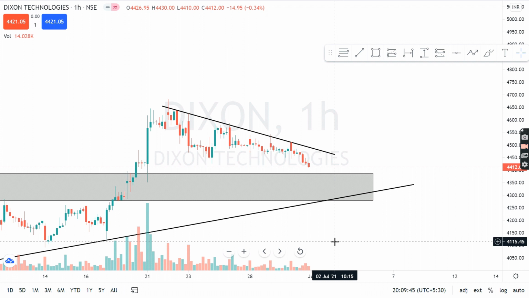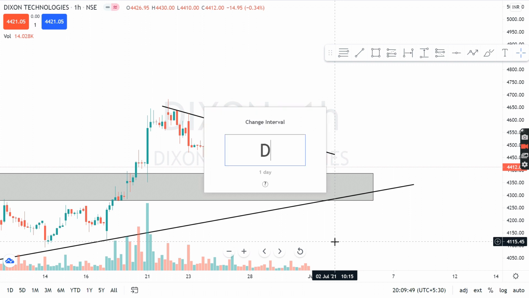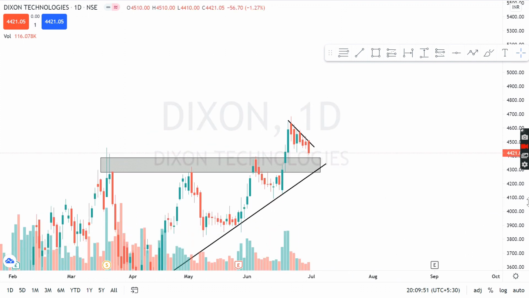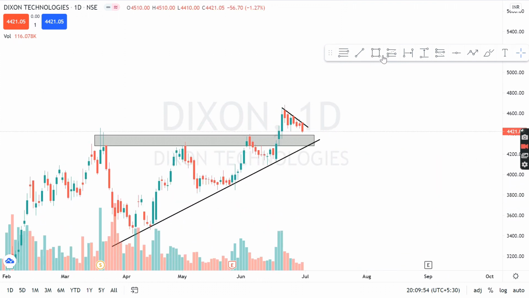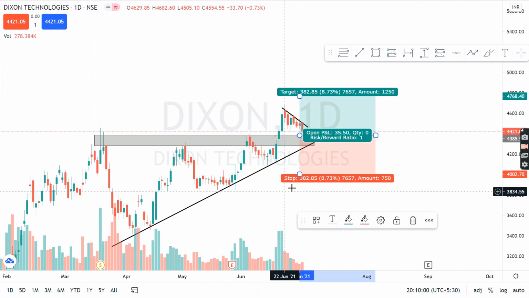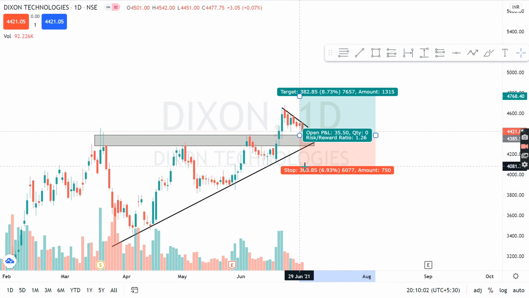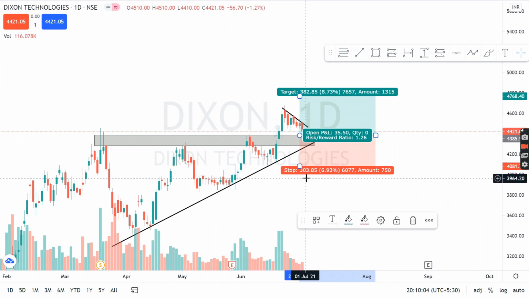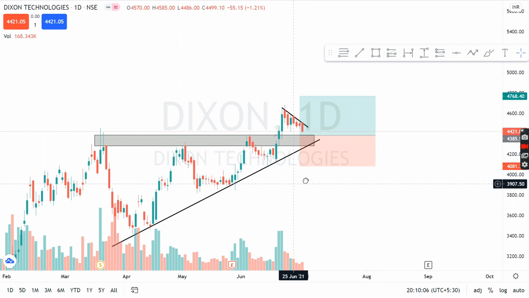Now if we talk about the targets and the stop loss, for that we'll come to the daily time frame. Here, if we get an entry anywhere around, let's say, 4385, we can keep the stop loss just below this swing, that's around 6%.